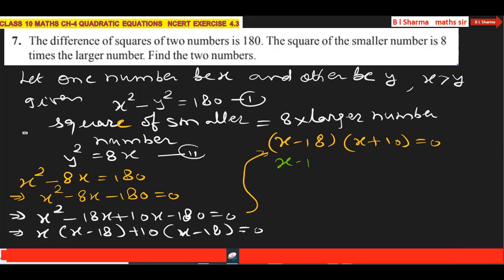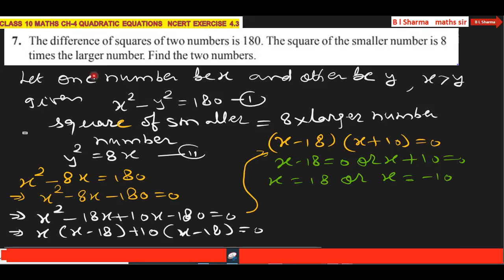Therefore, either x minus 18 is 0 or x plus 10 is equal to 0. So, x is equal to 18 or x is equal to minus 10. क्या आपको लगता है किसी नंबर को हम रिजेक्ट कर सकते हैं? Yes. So, we can find out the two numbers here.